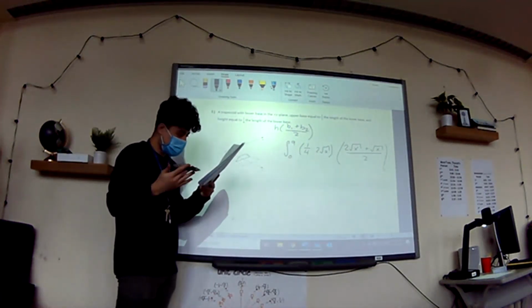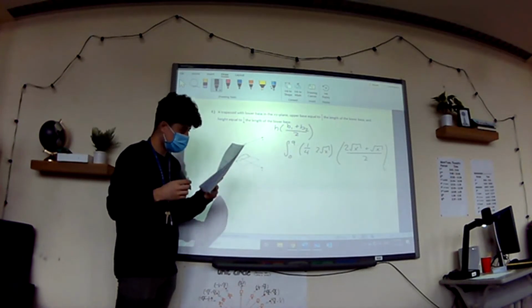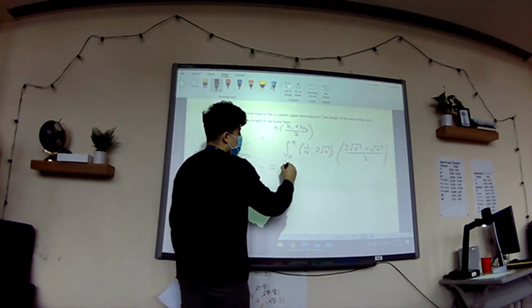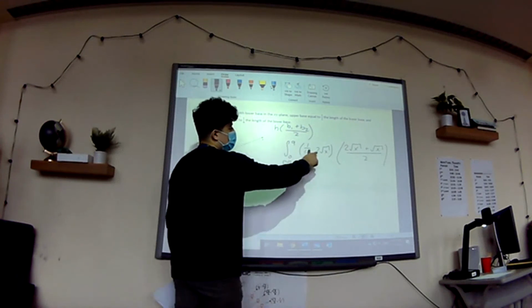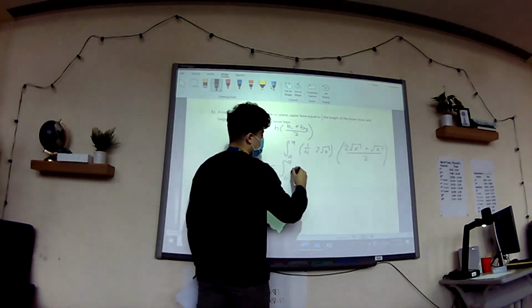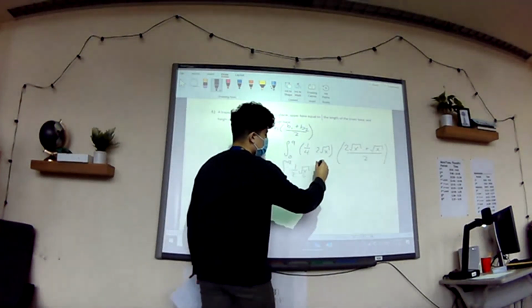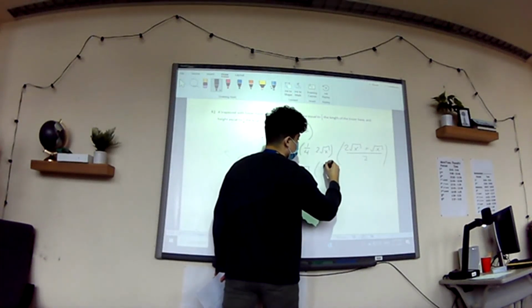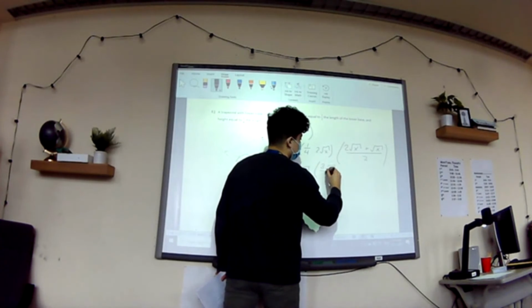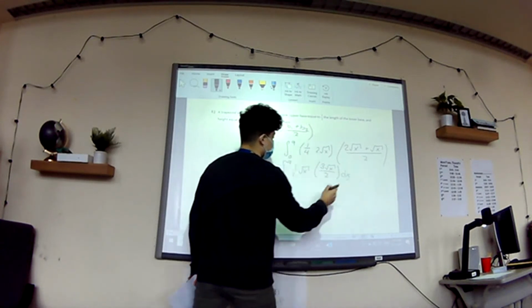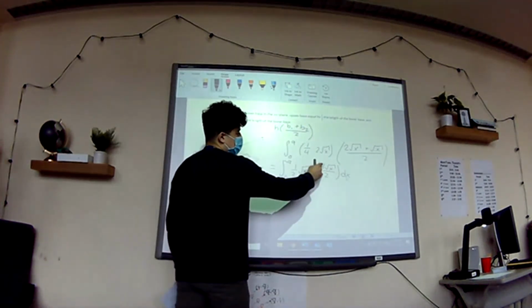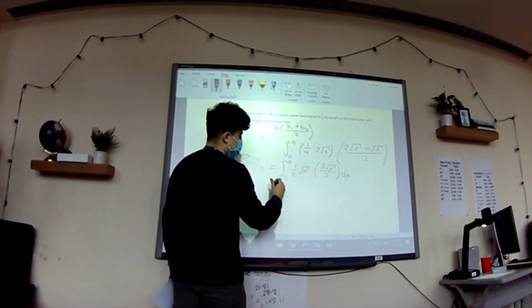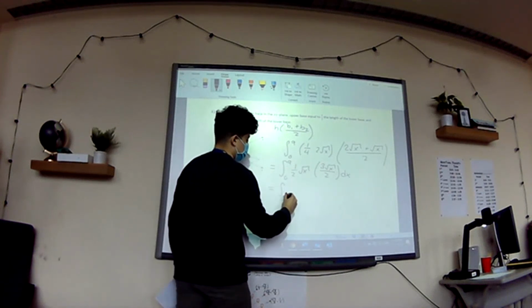Okay, and then I guess I'll just write every step. Then from here, this is half square root of x. This part becomes 3 square roots of x over 2, dx. Okay, then watch this. 3 halves times another half is 3/4.